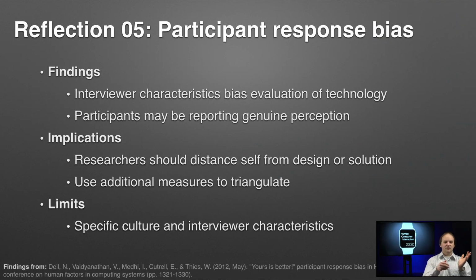The main takeaways: first, this paper was influential because it was one of the first verifications of this particular kind of bias within technology development, which poses a real problem. The implication is that you need to find ways to deal with this bias.